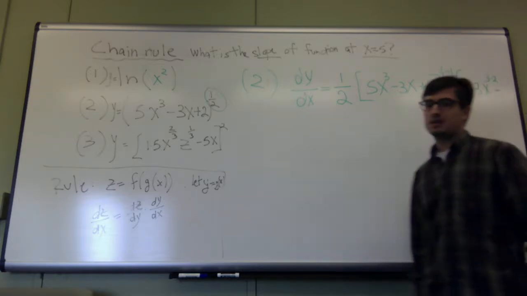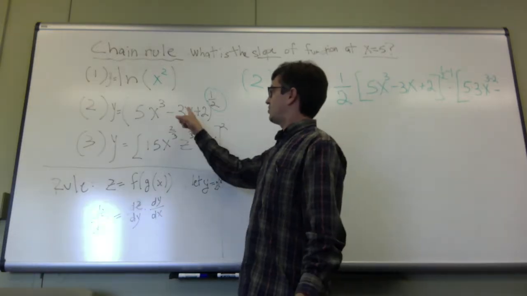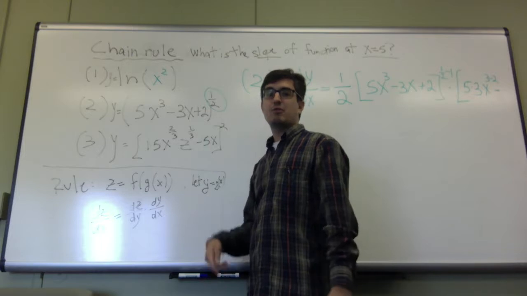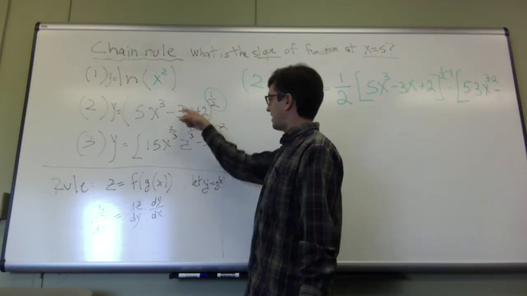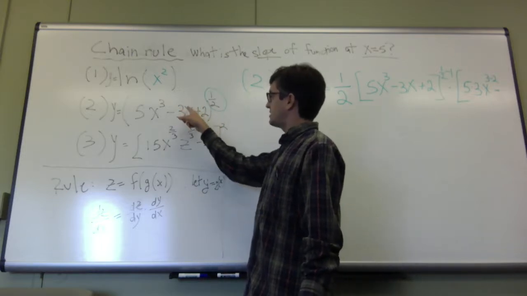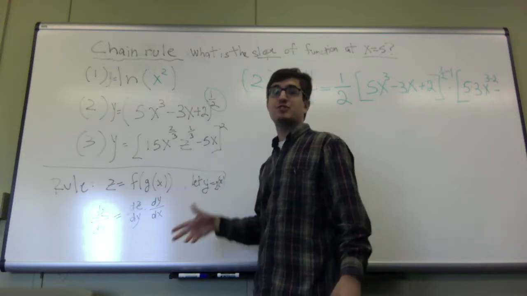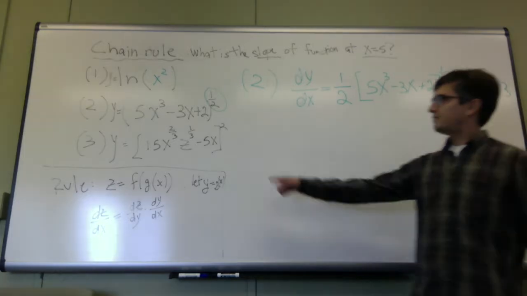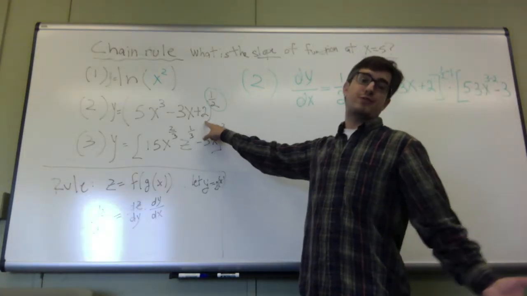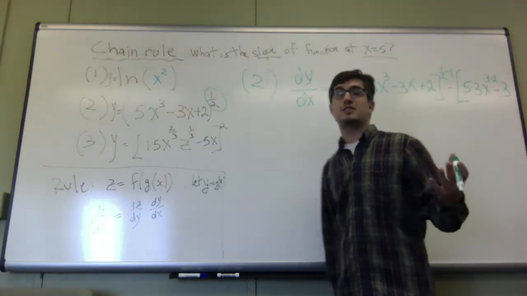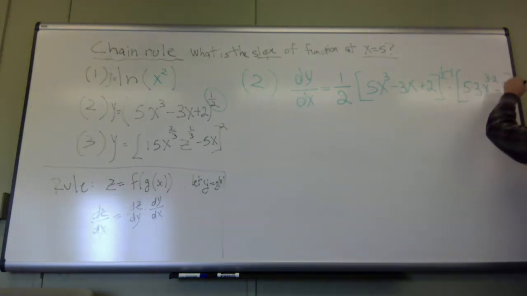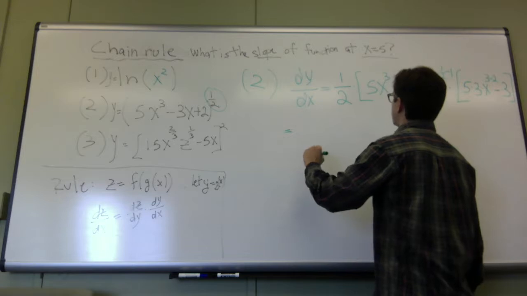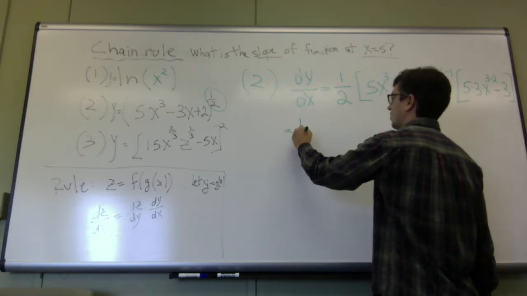Minus, I'm running slightly out of space here, the derivative of minus 3x. x has a power of 1, so again applying the power rule, it's 3 times 1 times x to the power of 0, which is simply 3. And then finally the derivative of 2, the derivative of a constant by itself is just 0, so this is it. Okay?